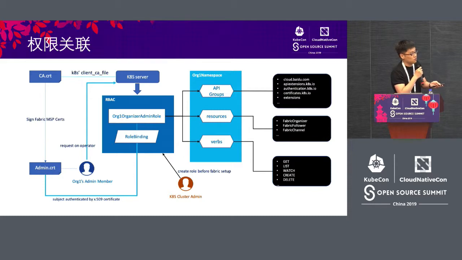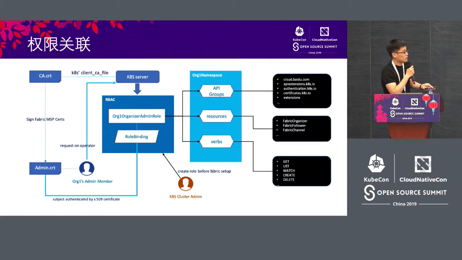One is the API group, which we have as cloud.baidu.com. The second factor is what resources we are going to consume, that is the CRD resources like organizer, followers, and channels. And the third is what we are going to do against the resources, like CRUD, watch, and so on.